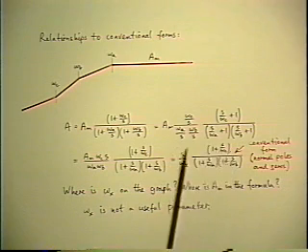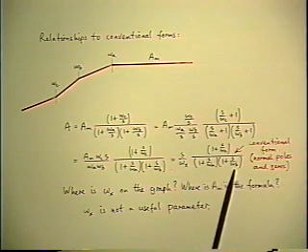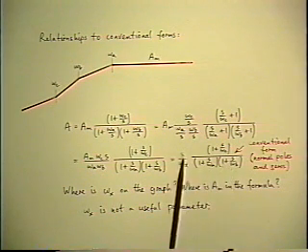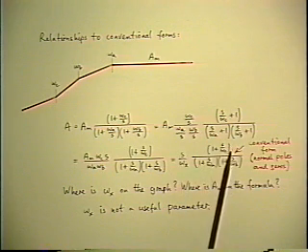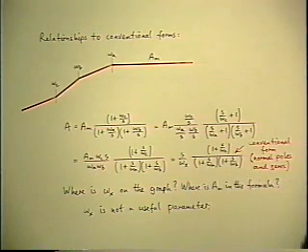So this would be considered a more conventional format for the result in this particular example. And you would describe it as having a zero at zero frequency, and then a zero at omega C, and then two poles at omega A and omega B. And that's fine. This is correct.